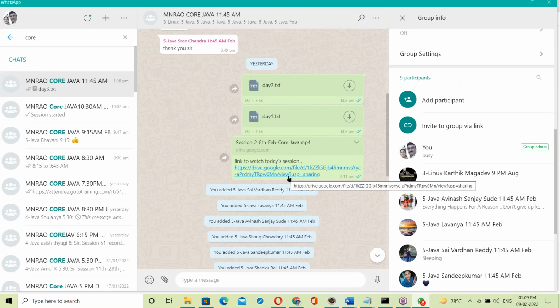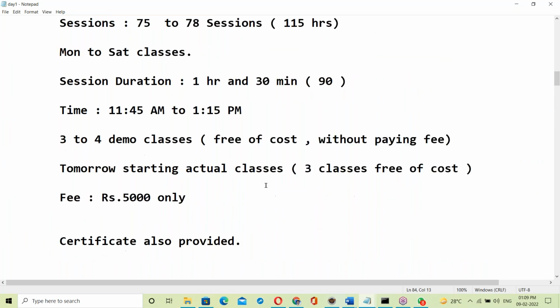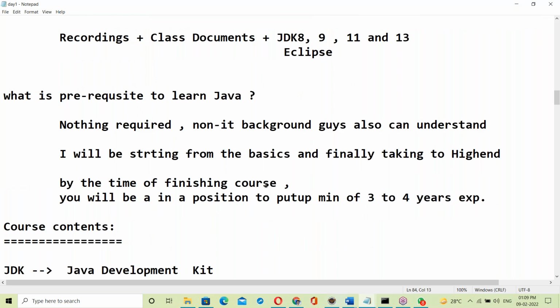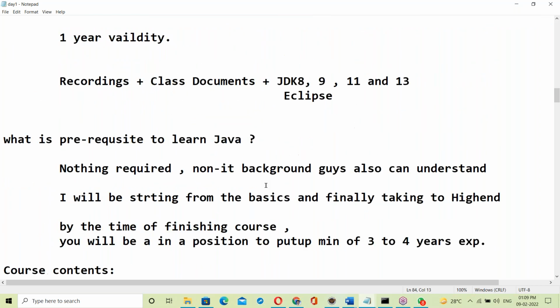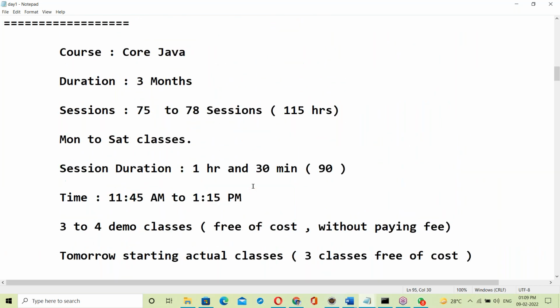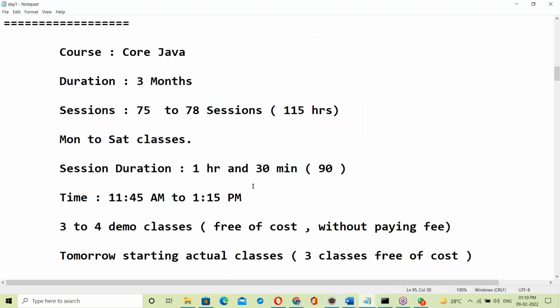Yes, you can attend another batch, no issue. If you are unable to attend, it's mentioned here: if you are unable to continue this time because of some issues, you can continue with the next batch also.